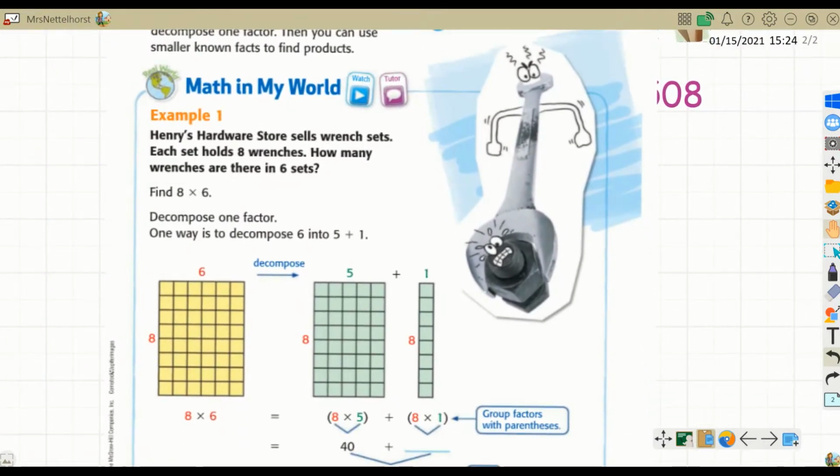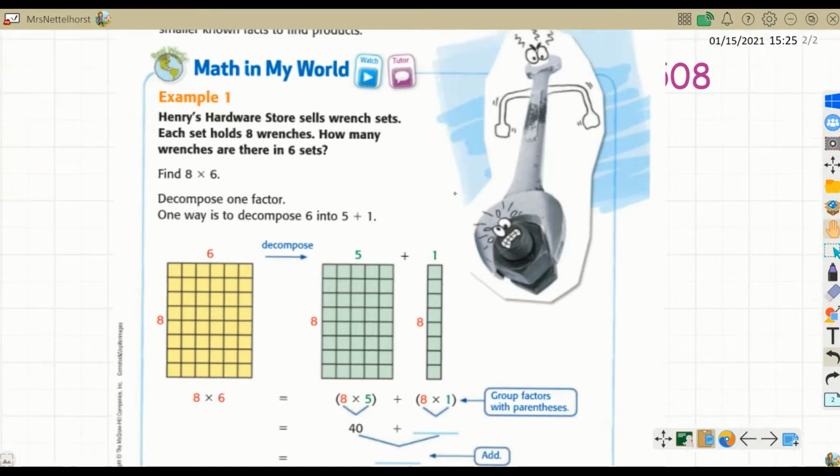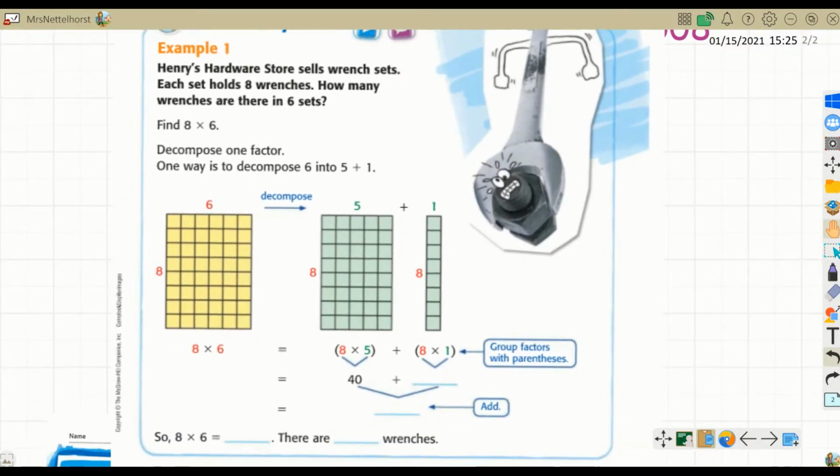Now remember that we are teaching you distributive property when the multiplication is easier. I know you can probably figure it out another way, but if you can learn this harder concept of distributive property when the numbers are easier, then when the numbers get harder, the distributive property part becomes easier. Okay, so we're going to decompose one factor.